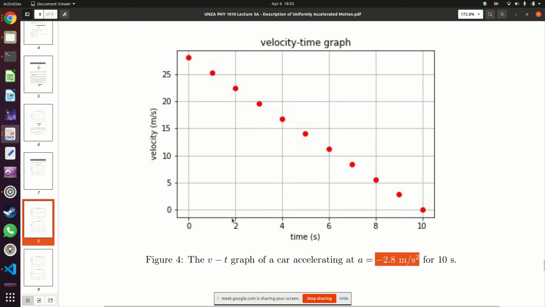For example, if you're interested in finding out how much distance was covered between 2 seconds and 5 seconds, you would work out this area from here up to there. Then you come down like this up to there. So you work out the area of this trapezium. This area of this trapezium is going to give you the distance which was covered between 2 seconds and 6 seconds. Are we clear?